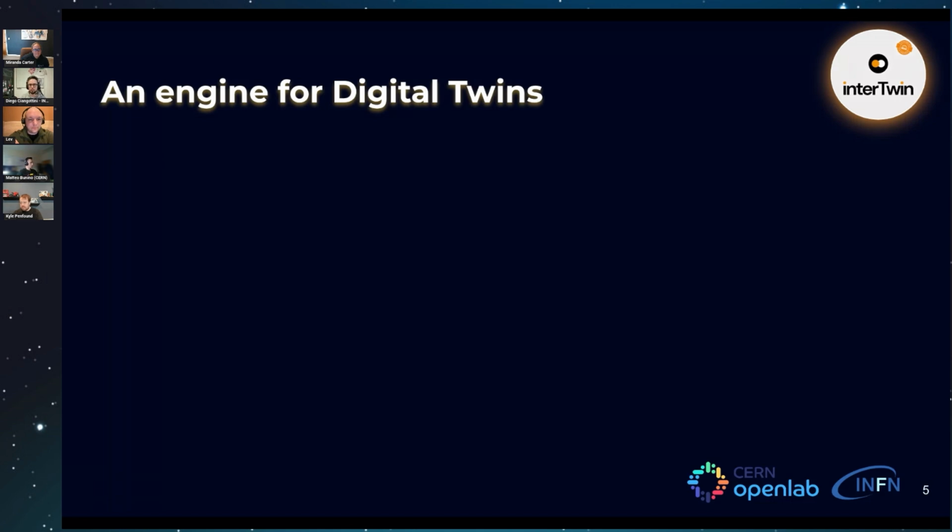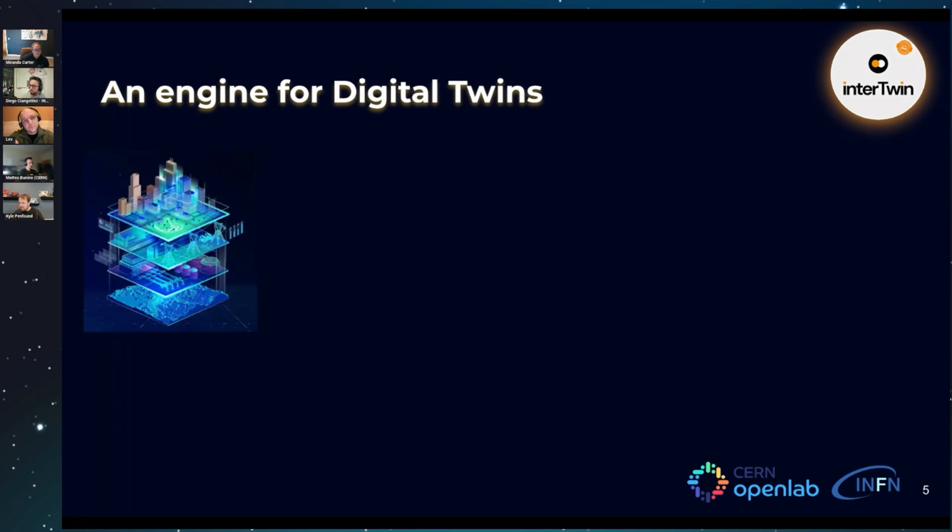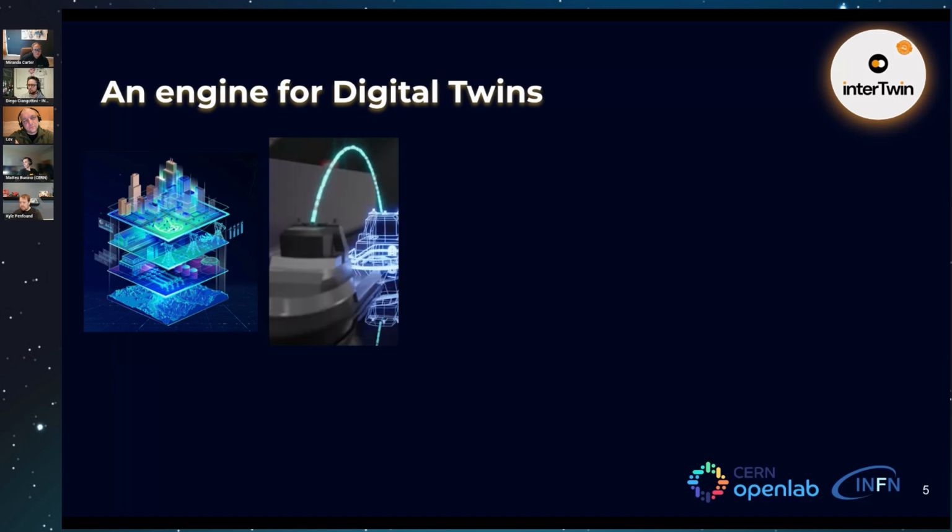And this common set of needs drove the development of the interTwin project. An engine that we can share with all the previous use cases, and where we can build one layer over the other with a transparent ecosystem, with a transparent interface. So you can use it for different things, as we saw before.